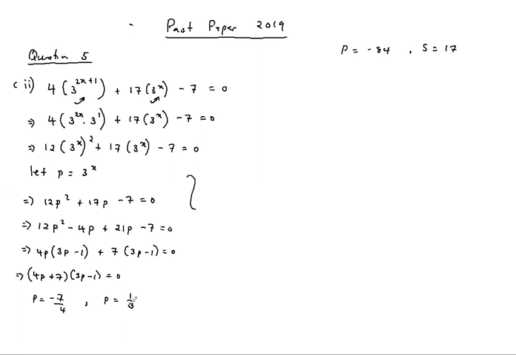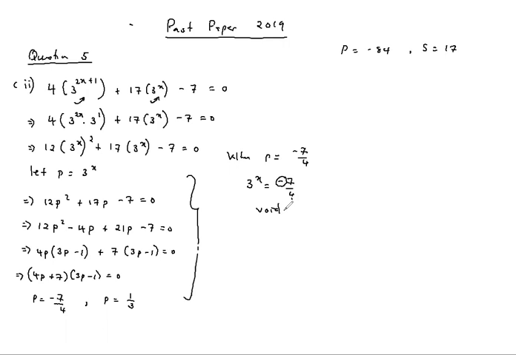So now you're saying when p is equal to negative 7 over 4, it means that 3 to the power x is equal to negative 7 over 4. Because of the negative, this becomes void. It does not make sense.